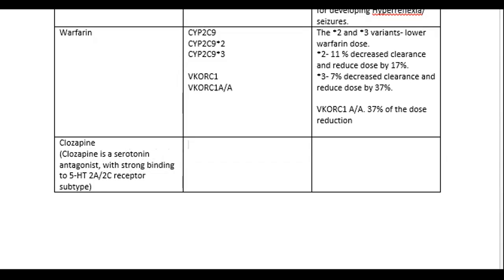This 5-hydroxytryptamine, if there is a receptor mutation seen, then there is a non-response in schizophrenia patients.